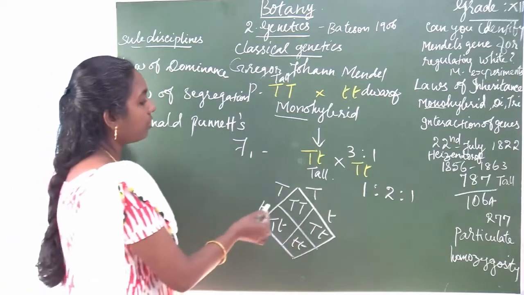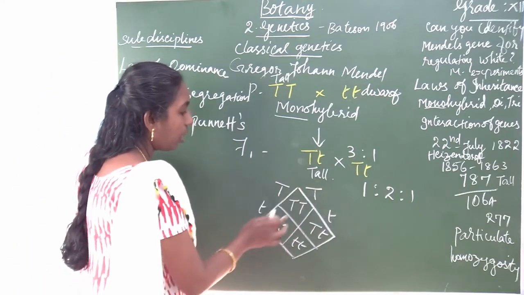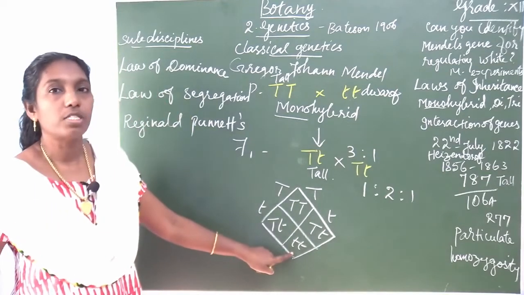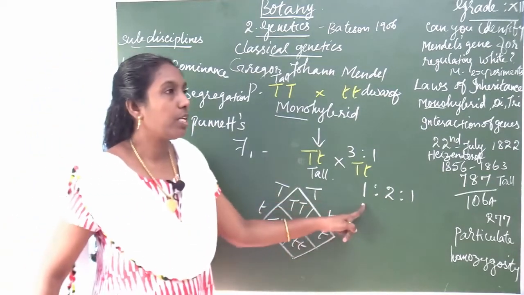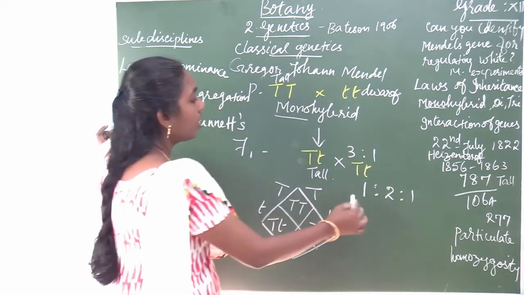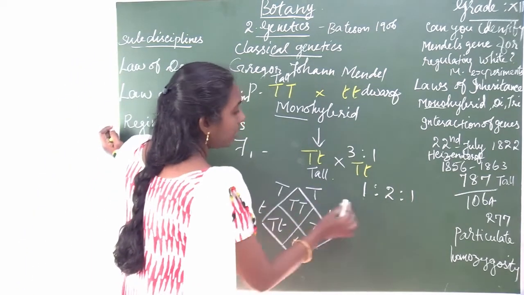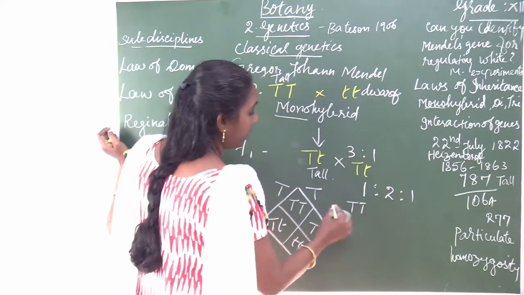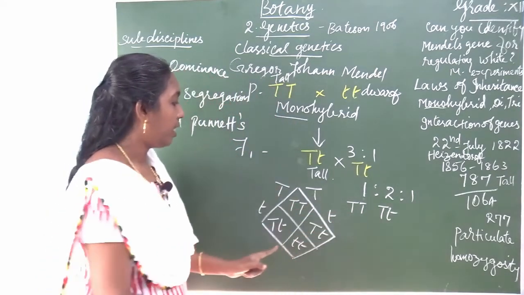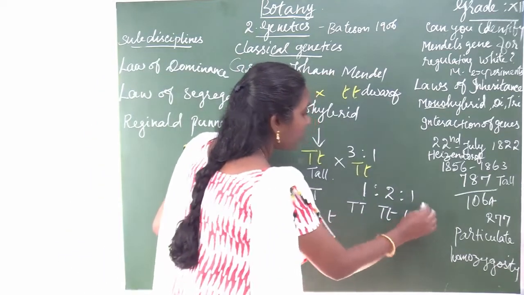So, it gives the ratio: this is homozygous tall, heterozygous tall and homozygous dwarf. It gives the ratio 1:2:1. So, this one is homozygous tall, capital T, capital T, heterozygous tall, capital T, small t, and small t, small t.